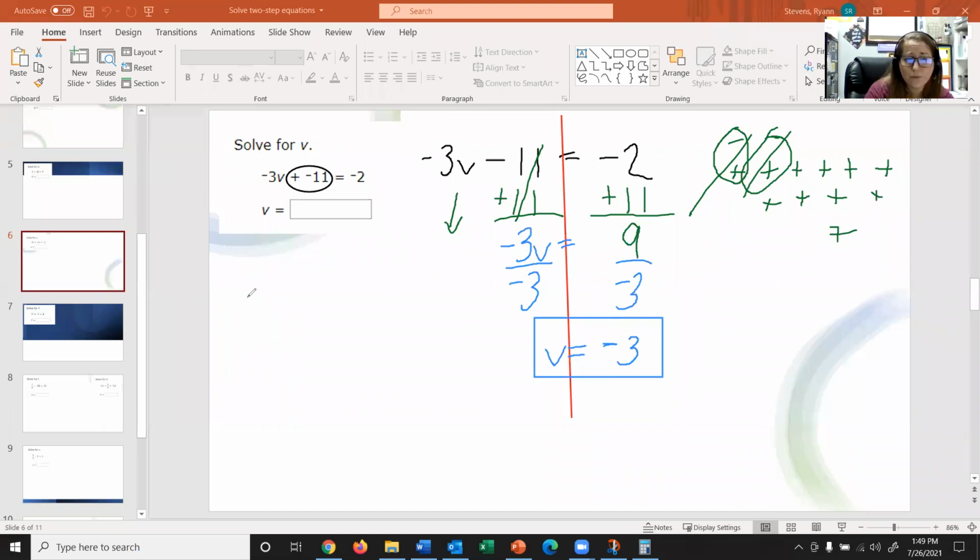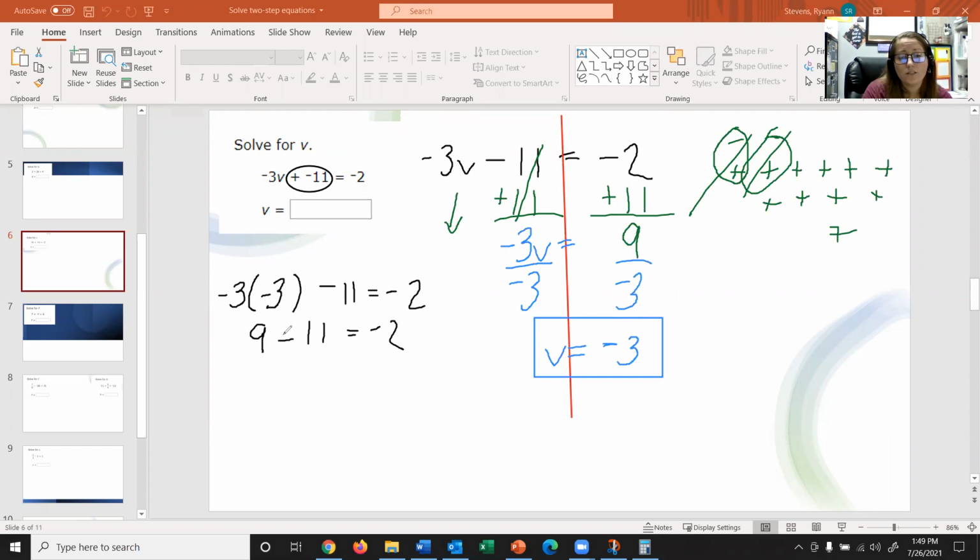And then when we go back through and we plug this in to check our answer, we could say, okay, -3, and then I have a v, which I'm going to plug in -3 for, or we could just write this as a -11 is equal to -2. -3 times -3 is a +9 minus 11. Okay.